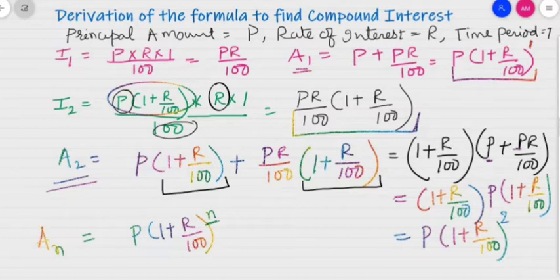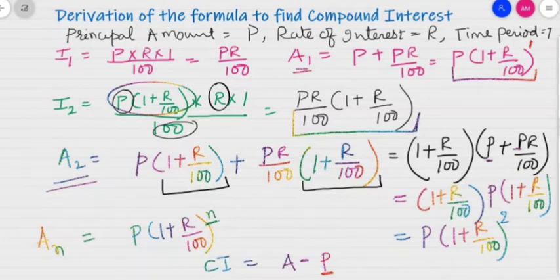of years. Now, how do you find the compound interest? Compound interest will be equal to amount minus the principal amount which you have taken in the beginning of the question. So amount minus principal. So when you calculate amount in this form, P into 1 plus R by 100 power 2 or power n, then if you subtract minus P, then you will get compound interest.